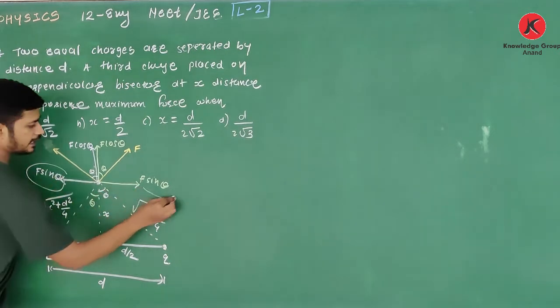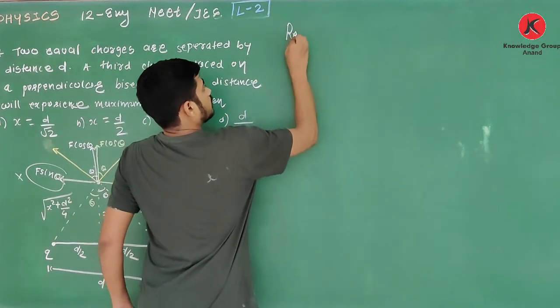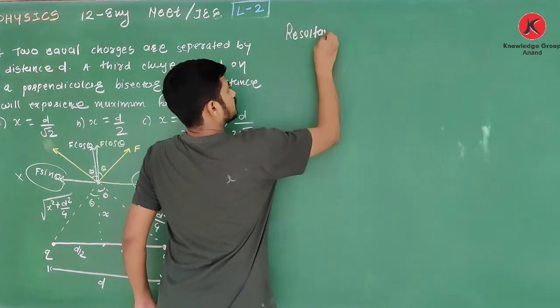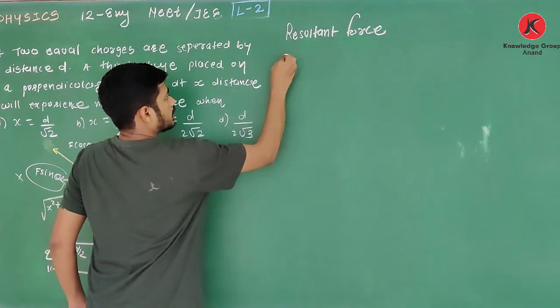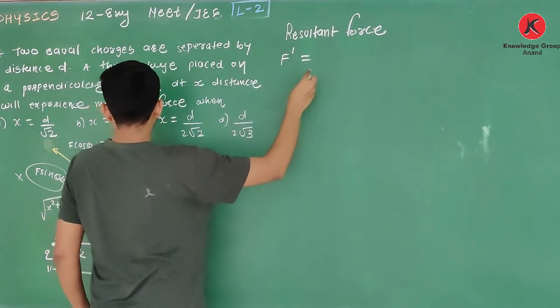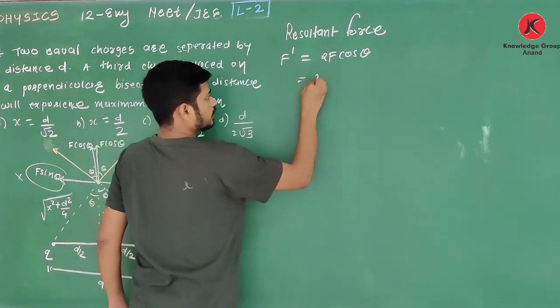The F sin theta components are in opposite directions with equal magnitude, so they cancel out each other. So at this point, the resultant force F dash is equal to 2F cos theta.